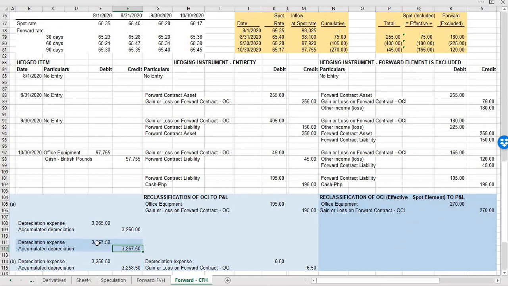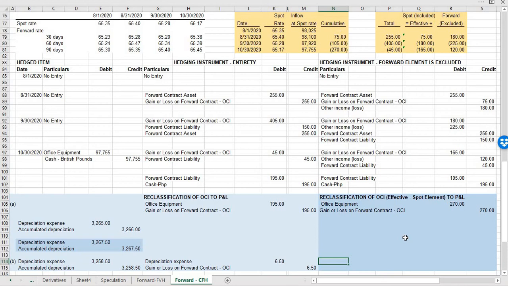So, paano na-compute ang 3,267.50? That is 98,025, which is 97,755 plus 270, divided by 5 years times 2 months divided by 12 months. So that is 3,267.50.